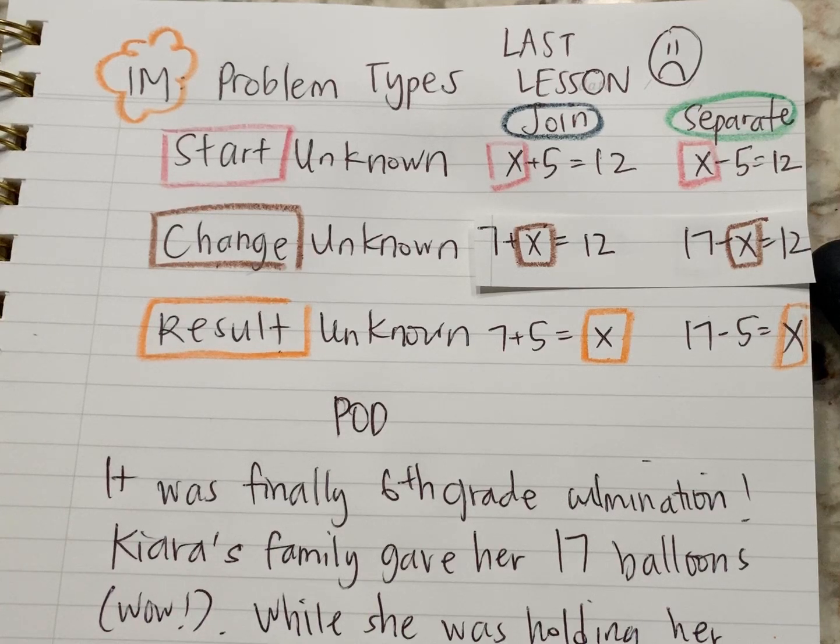We've been doing algebra basically this whole time when we've been talking about variables and problem types, but I wanted to review this before you leave me and go to 7th grade, when this is going to be probably a daily talk in your math classes.